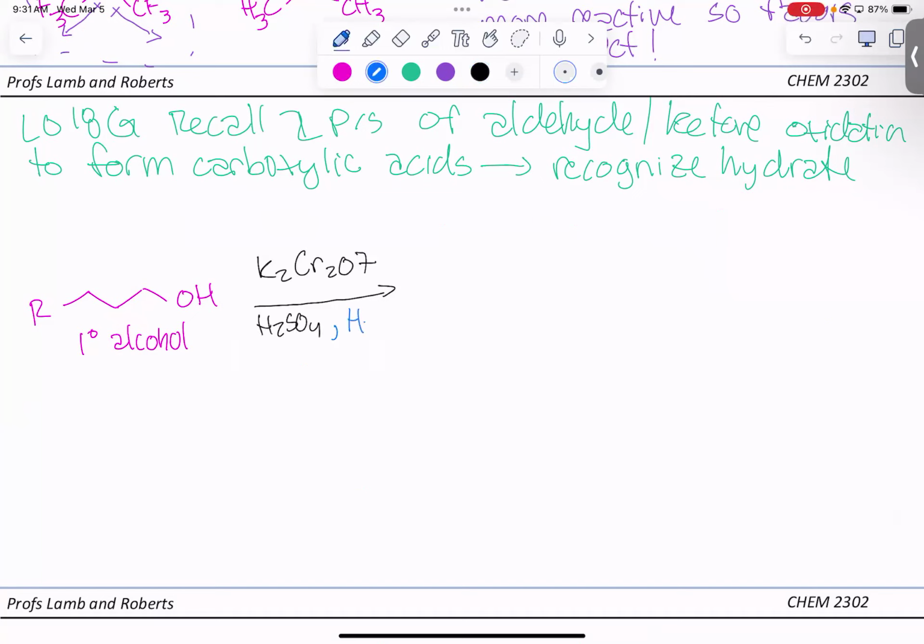When we didn't add water for example, our PCC oxidation, it stopped at the aldehyde. But when we added water, what we recognize is this goes all the way to the oxidation to the carboxylic acid. And that water is forming a hydrate intermediate, and that's why we can get to this final product, all right?